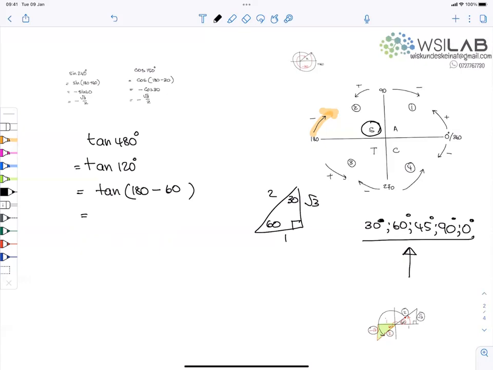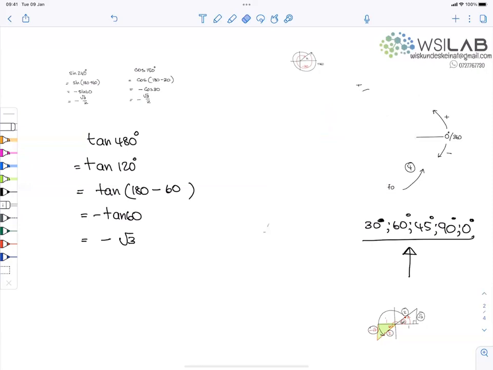So that is what? Negative tan 60. Why? Because only sin is positive in that quadrant, and tan would be negative. And that would be negative, and the tan 60 is root 3. Okay, let's redo this sum slightly differently. You might like this more.